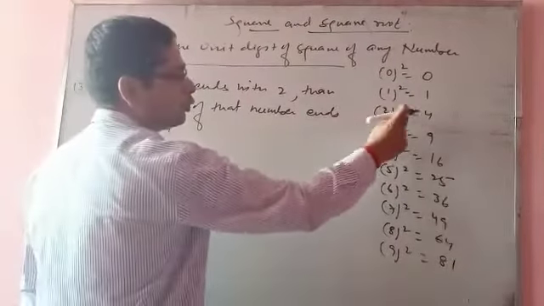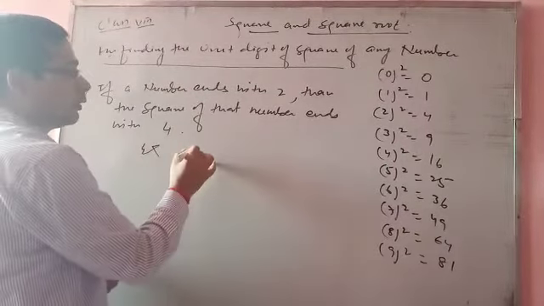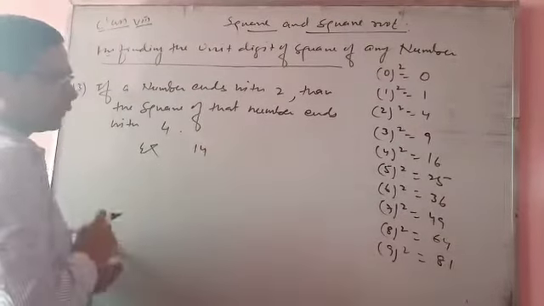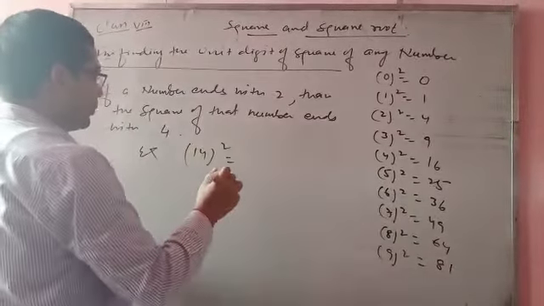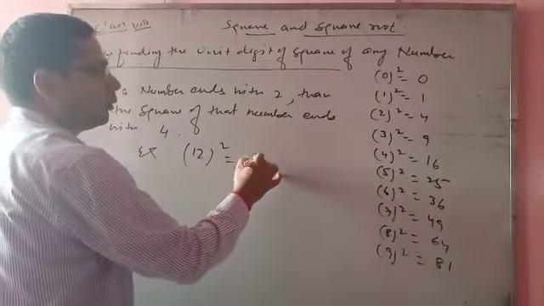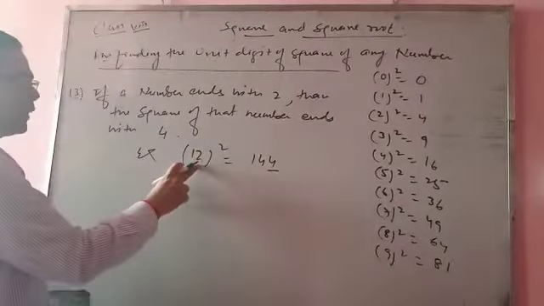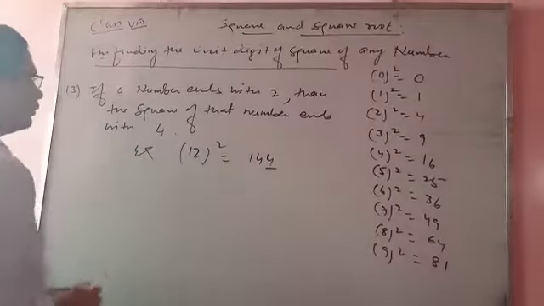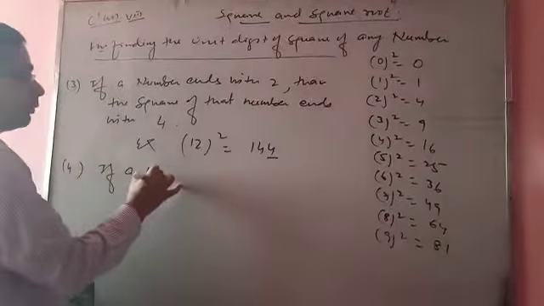Here, 2 square is equal to 4. For example, a number is 12, ends with 2, then the square of that number is 144. Here it is 4. यदि नंबर के लास्ट में 2 है तो स्क्वायर क्या होगा? 4 से होगा.